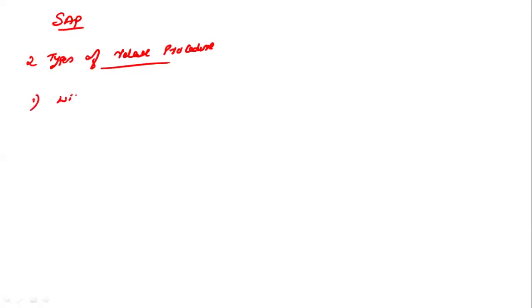One is with classification. One is without classification. So what is this with classification and without classification? This is very, very important. This is a configuration part. With classification is nothing but with conditions.